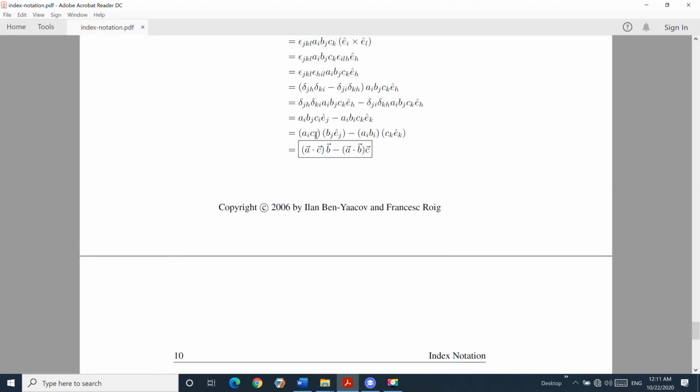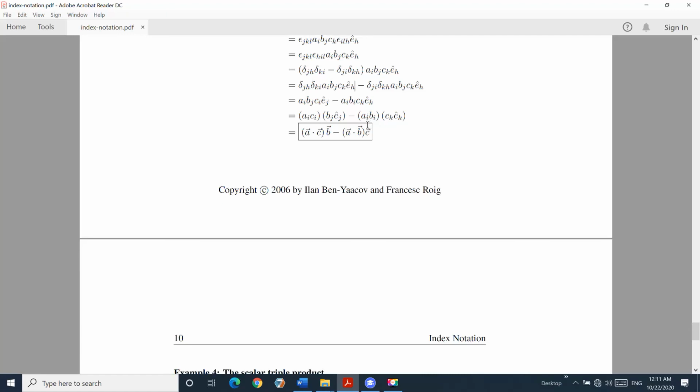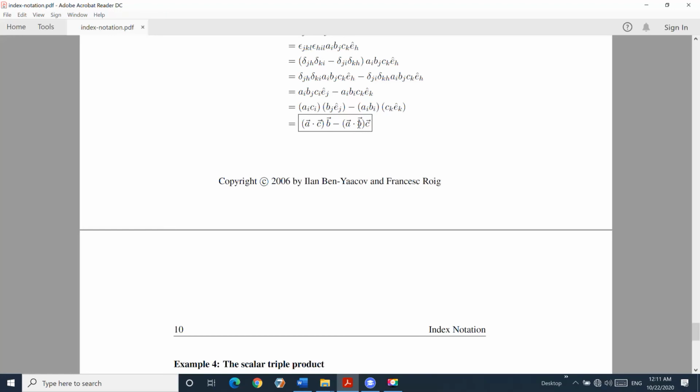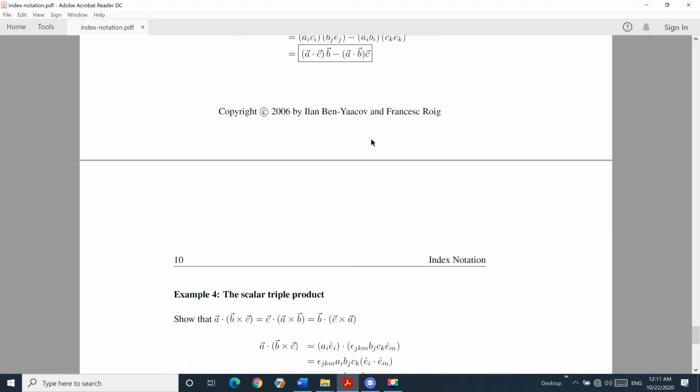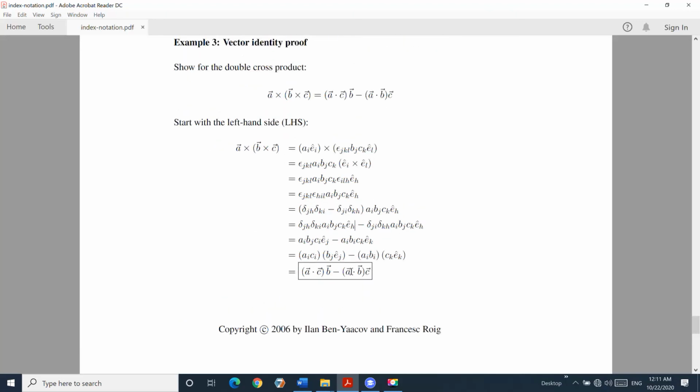Then the right side. This is the dot product or inner product between the vectors A and C, multiplied by vector B. And this right hand side represents the dot product or inner product between the vectors A and B, and the other one represents the vector C. So you see the left hand side is the same as the right hand side.